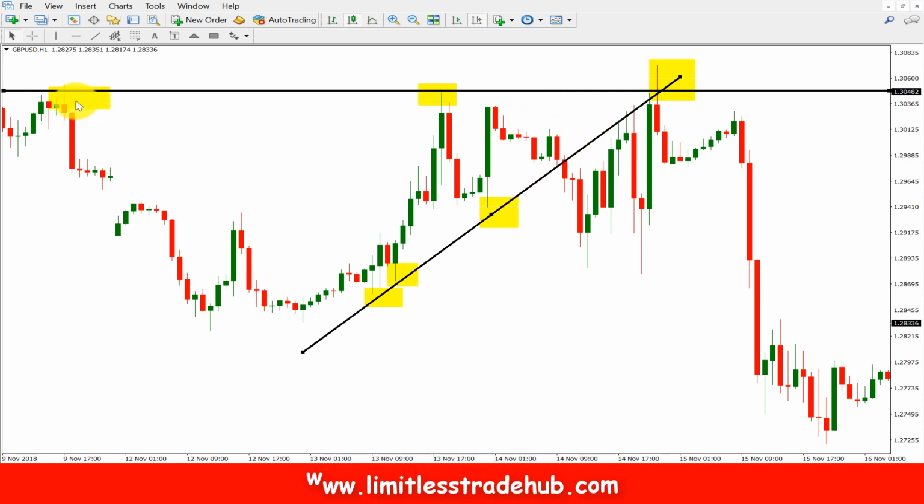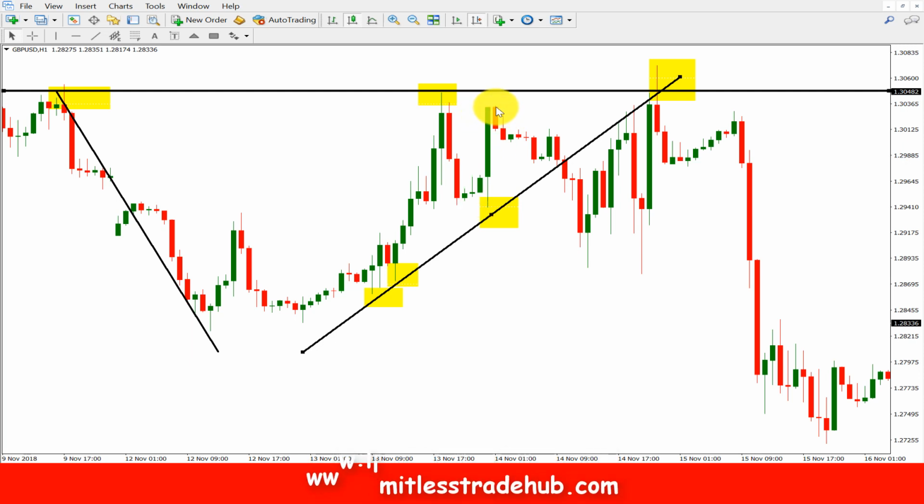Like from here, the market got rejected and came down from here to here. Then the market got some sideways movement, and then again the market went from here to here. Again the market came but did not break this trend line. The market again touched this trend line and again went from here to here.